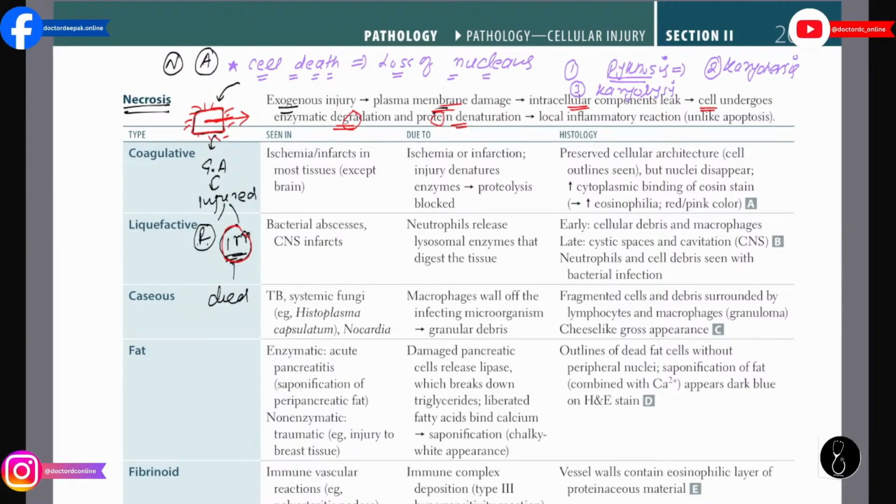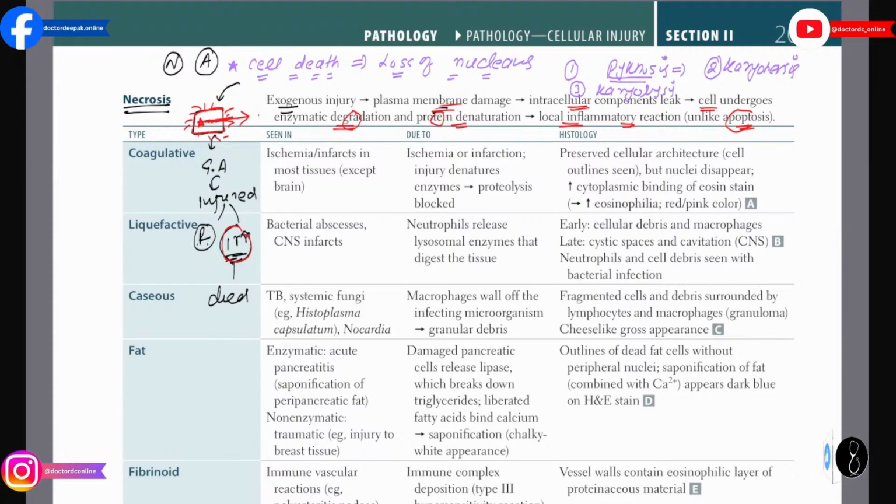And after the intracellular components get outside, let's suppose there is some kind of enzyme inside the cell, and when this enzyme comes outside to the surrounding tissue, the surrounding tissue will also become inflamed. So that can lead to a local inflammatory reaction. And this is the important difference. Apoptosis is also a kind of death, but we will study apoptosis later on. It will not lead to surrounding tissue inflammation, but necrosis can lead to surrounding tissue inflammation.